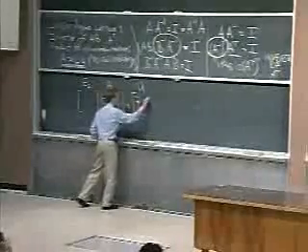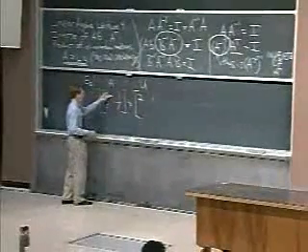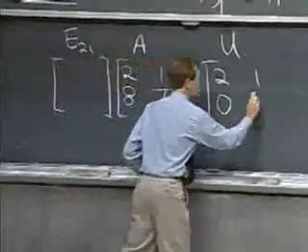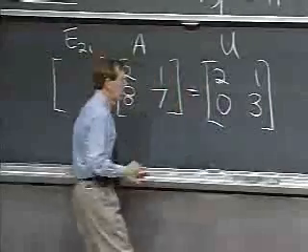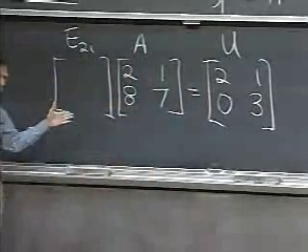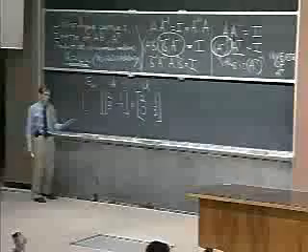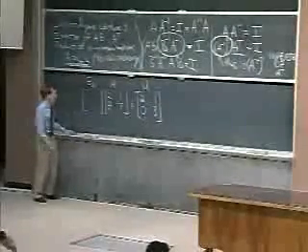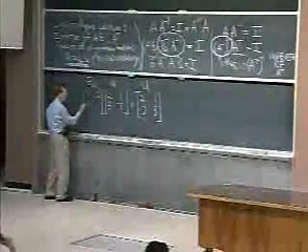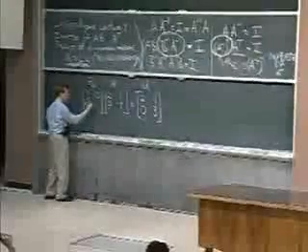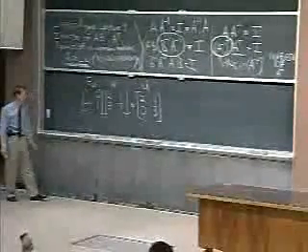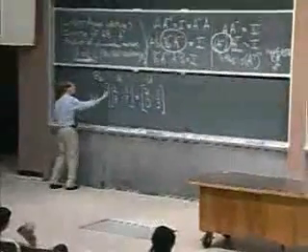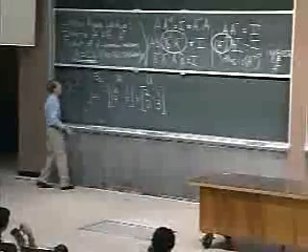So 2, 1, and I'm going to take 4 of those away from those, produce that 0, and leave a 3 there, and that's U. And what's the matrix that did it? Quick review then. What's the elimination elementary matrix E21? It's 1, 0, and -4, 1. Right. Good.